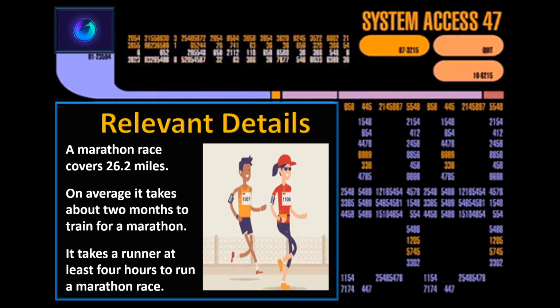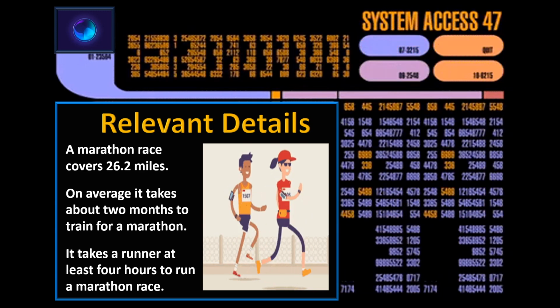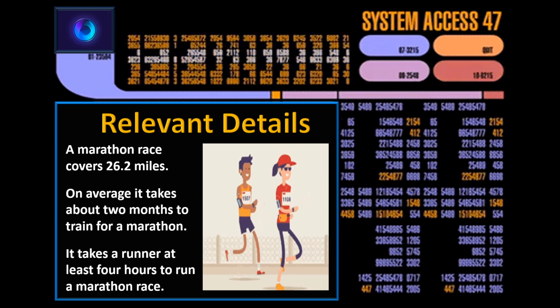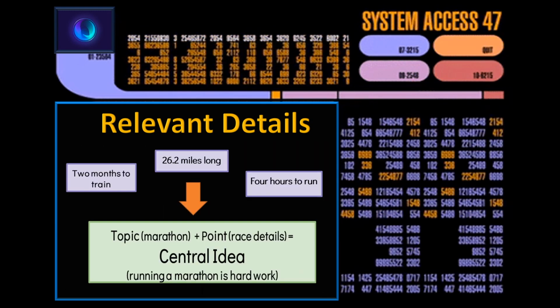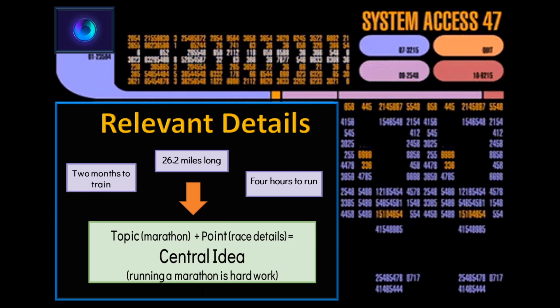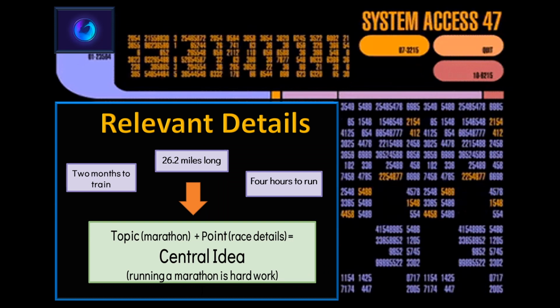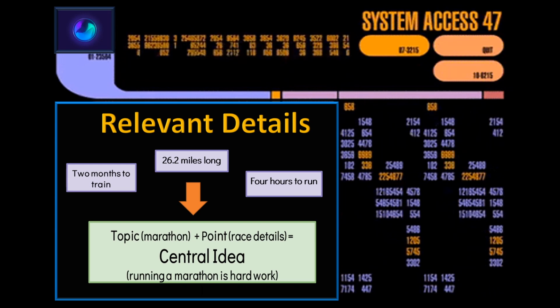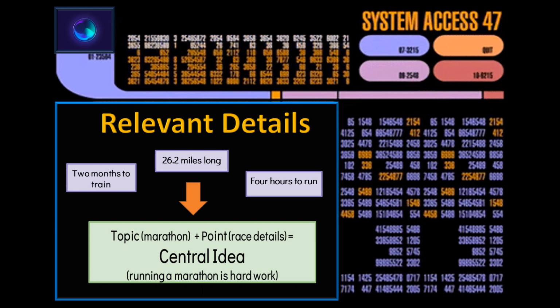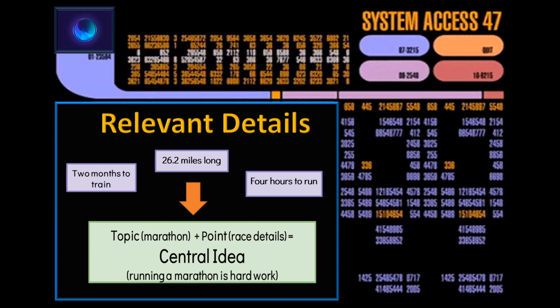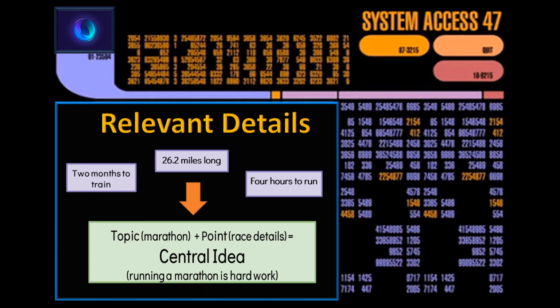On average, it takes about 2 months to train for a marathon. It takes a runner at least 4 hours to run a marathon race. The student can then determine that the topic is about marathon races. The points are the various information provided about marathon races, and the central idea the author is trying to convey is that running a marathon is hard work.